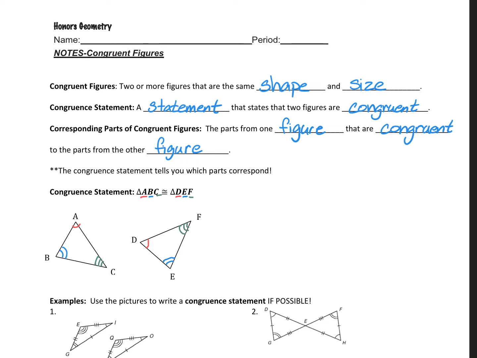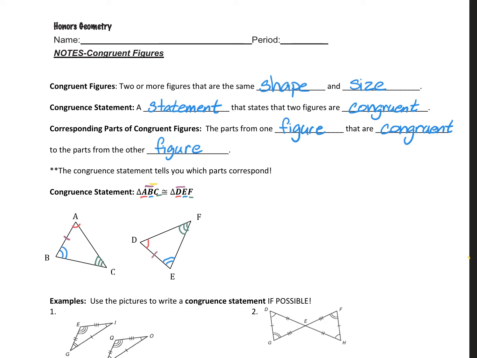We also want to mark up all the congruent sides, and we can also get that from our congruent statement. So we see that AB is congruent to DE because those letters are right next to each other and correspond. The first 2 letters of the left triangle in our statement correspond to the first 2 letters of the right triangle. So let's find AB in our figure, give it a congruence mark, and then DE a congruence mark.